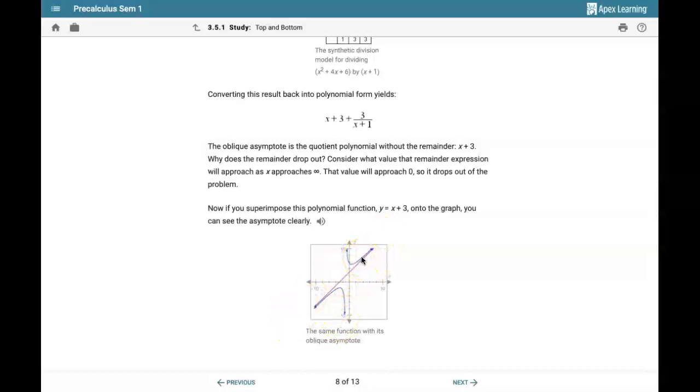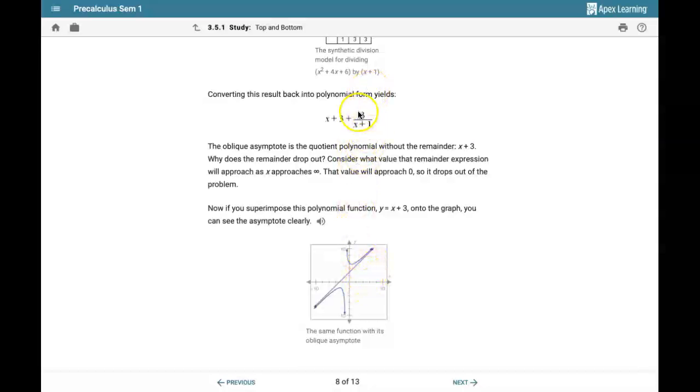It's a linear line. The reason we can ignore the remainder is because as x gets really, really large, closer to infinity, 3 divided by 11 is a small number, but imagine 3 divided by 1,000, or 3 divided by 1,000,000.